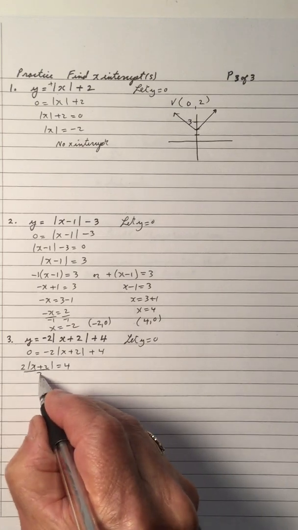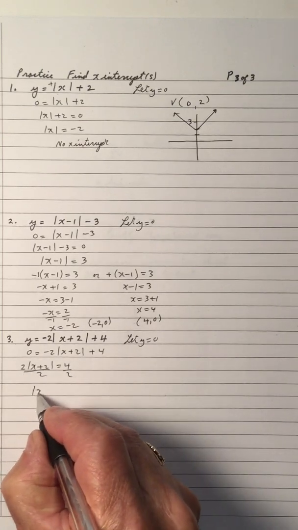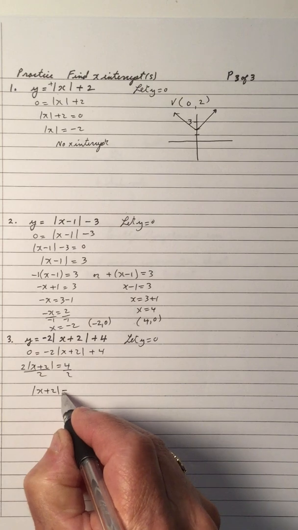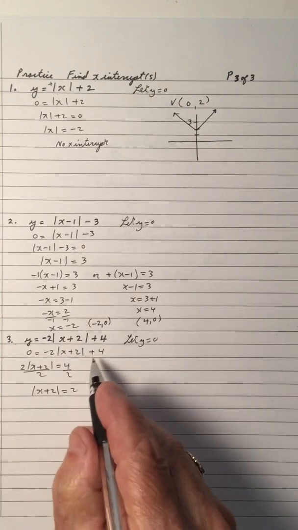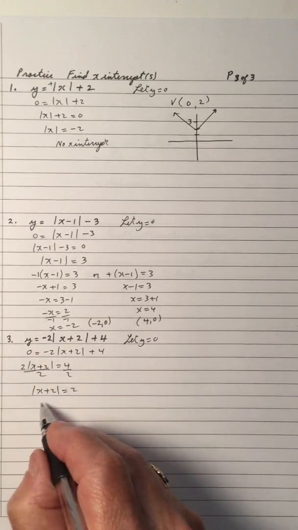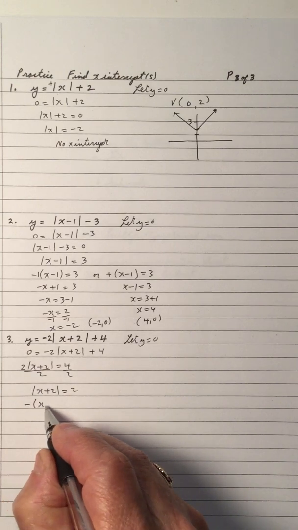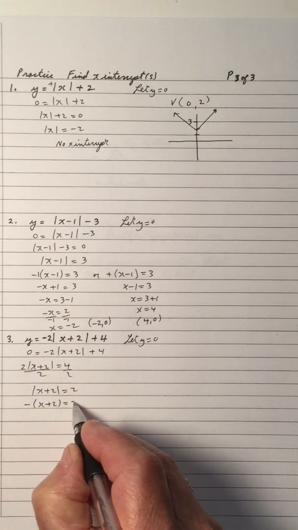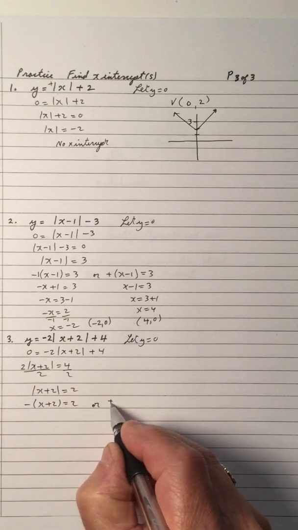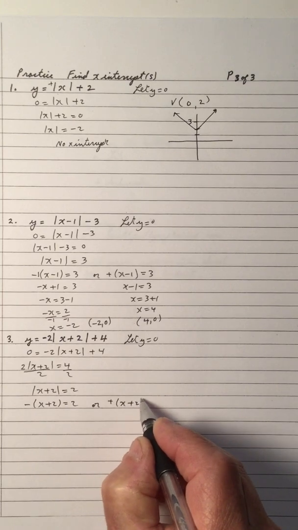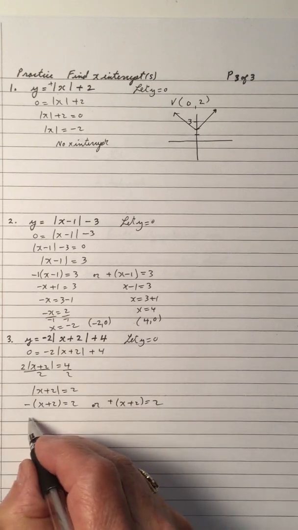And we divide by 2. Absolute value of x plus 2 equals 2. So the negative of x plus 2 equals 2, or the positive of x plus 2 equals 2.